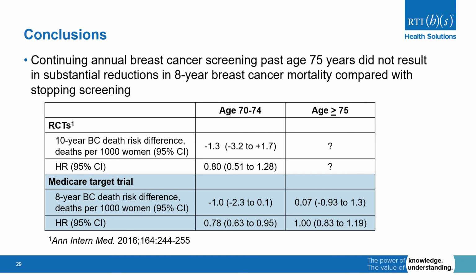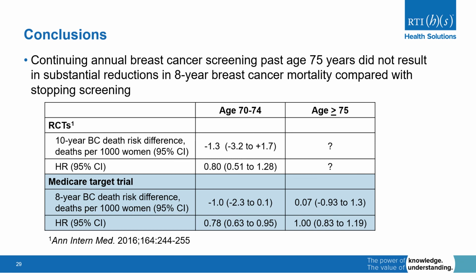What we knew from real randomized clinical trials was that in women aged 70 to 74, the benefit of continuous screening was reflected by a hazard ratio of 0.80, and in this same age group we found a hazard ratio of 0.78, which is very similar, and the absolute benefit was around one fewer breast cancer death per 1,000 women, and we found essentially the same, but even with a slightly narrower confidence interval. So here we are adding slightly more precision to these estimates.